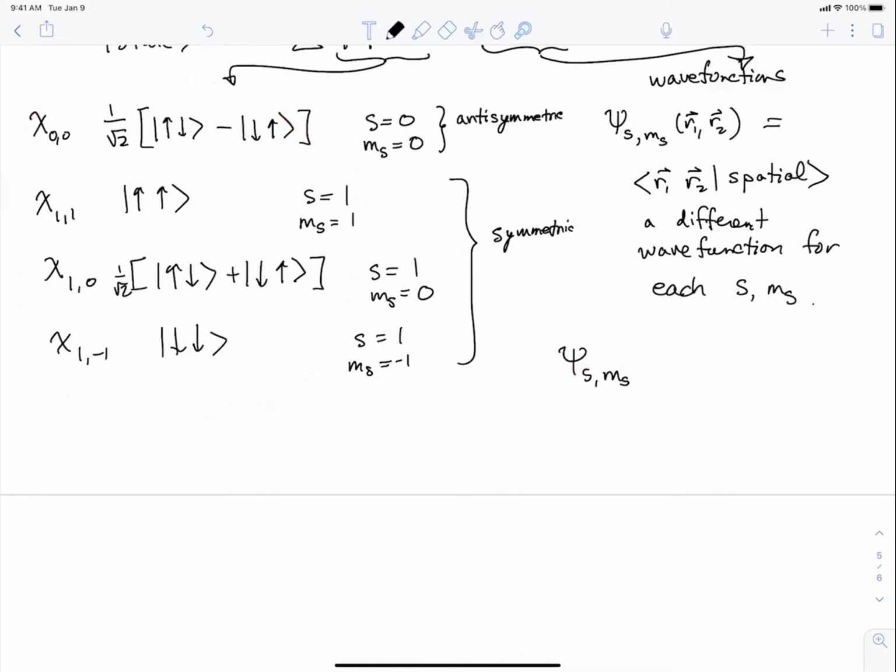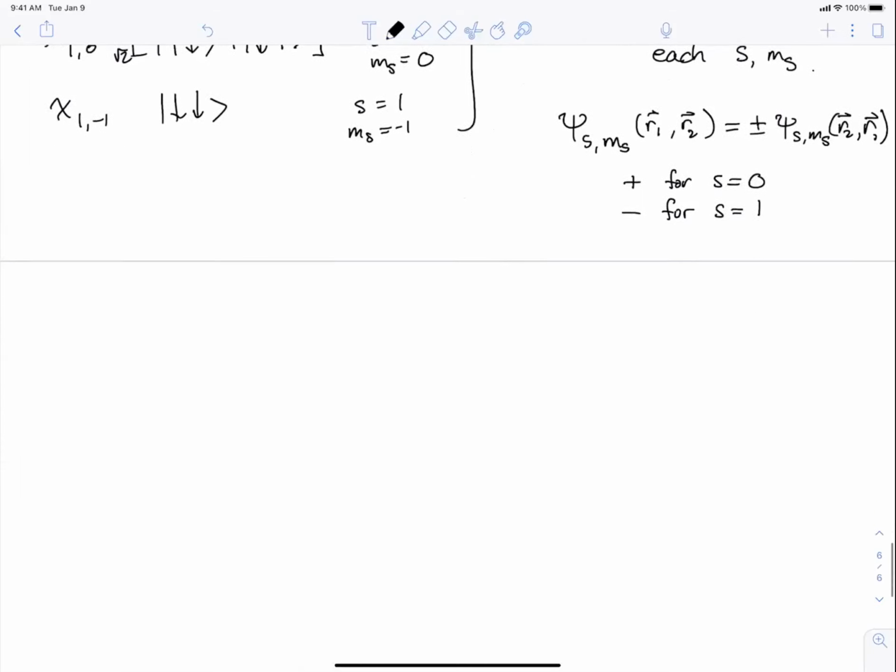So this one obeys that if I interchange the 2 coordinates, I get either plus or minus sign multiplying them. And the plus is for spin 0. And the minus is anti-symmetric for spin 1. And it has to be anti-symmetric because the spin part was symmetric.